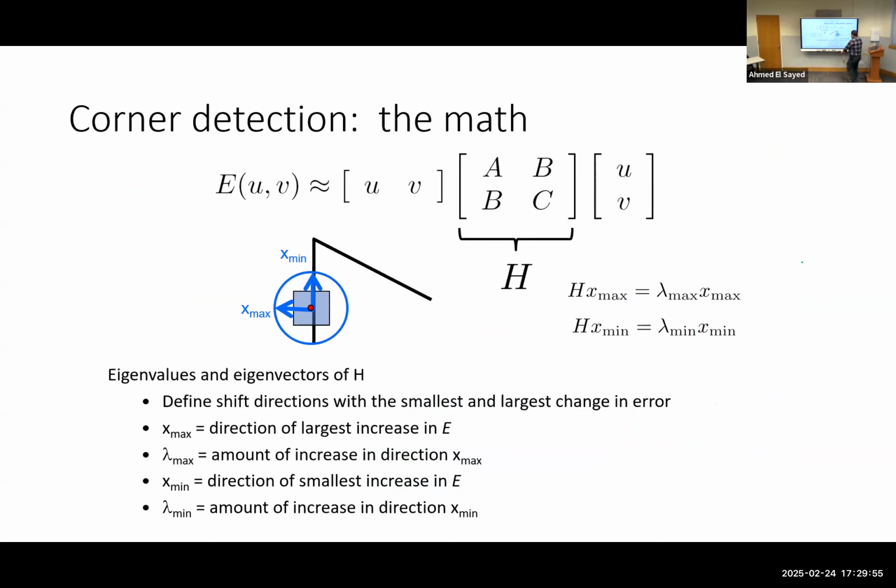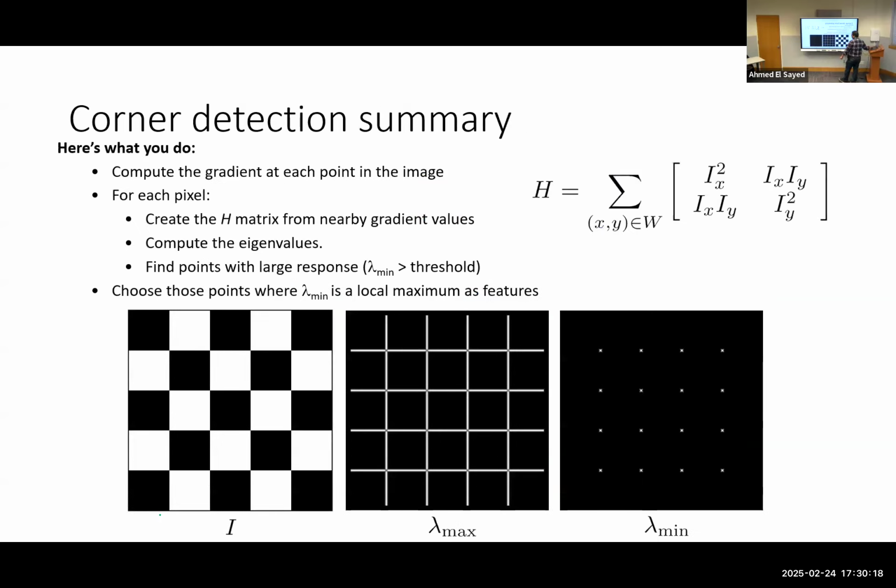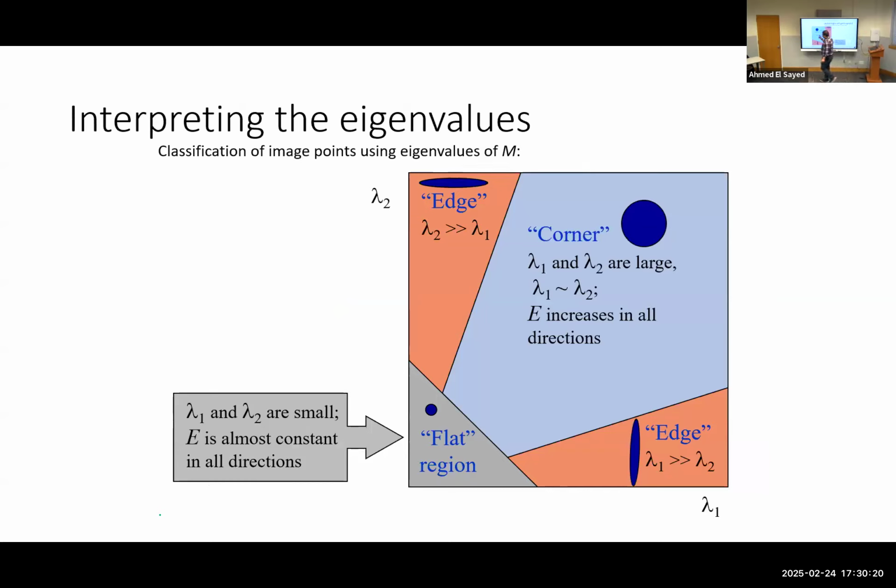So always, the eigenvector X maximum will correspond to the lambda max. The value of X minimum will correspond to the lambda minimum. And each one of them controls one of the diameters of our ellipse.